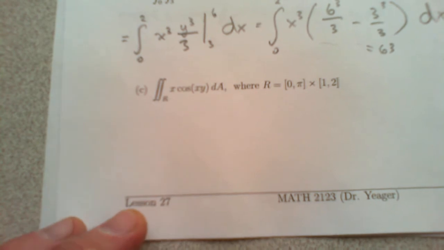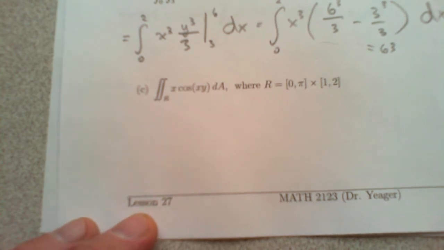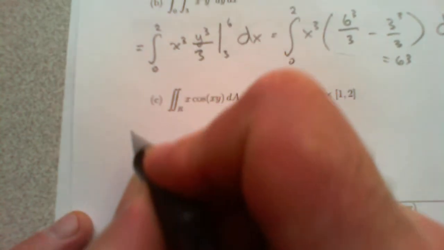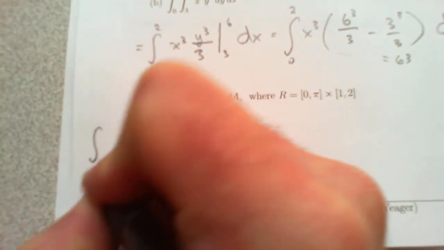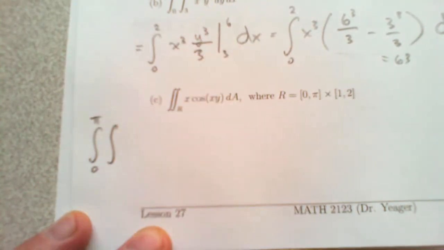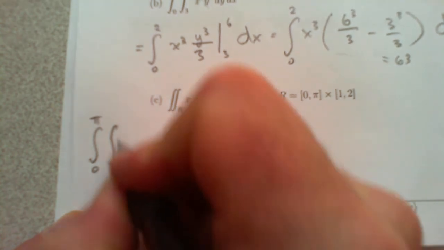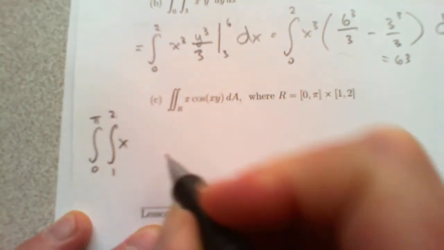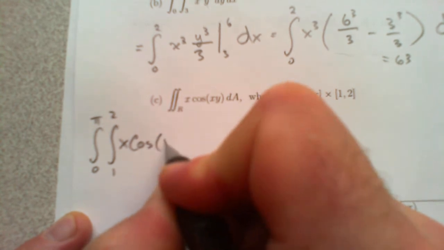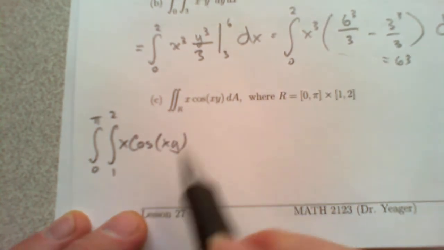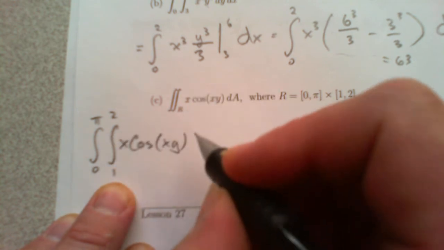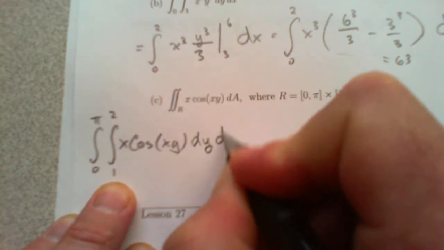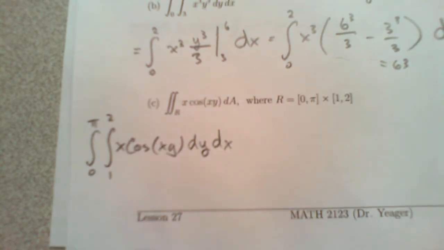But the method goes just as before, and I'm going to write it as an iterated integral. So I'm going to write this as the integral from 0 to pi, from 1 to 2, of x cosine of xy. The main thing is to put the differentials in the right spot. So this one is dy and then dx on the outside.